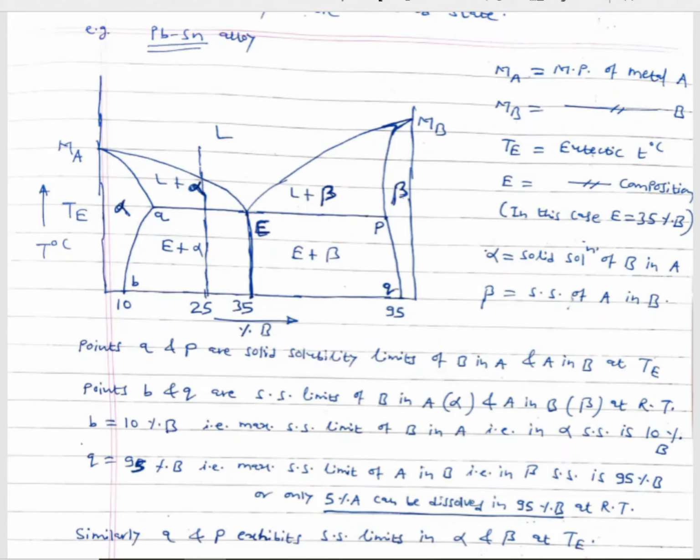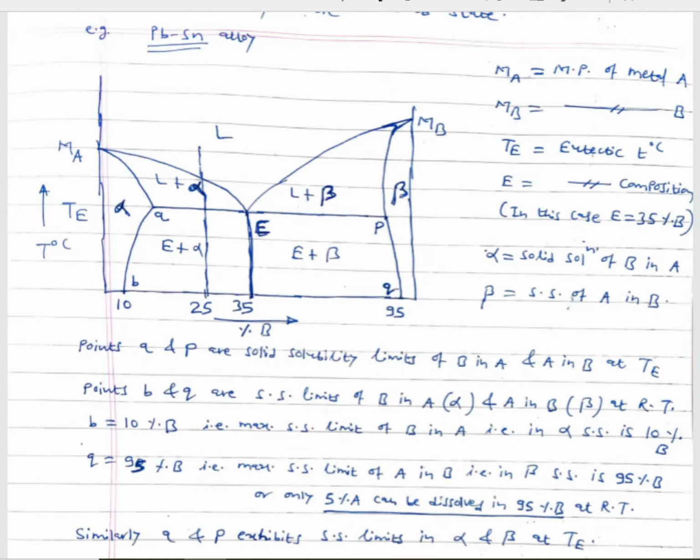So suppose 20% alpha has been transferred out of liquid. The remaining 80% liquid will get transformed into eutectic mixture below eutectic temperature, because below eutectic temperature is the solidus line. At that temperature and below, 100% solid is present. So between eutectic temperature and liquidus curve, liquid plus alpha will be present. This is the region of liquid plus solid.